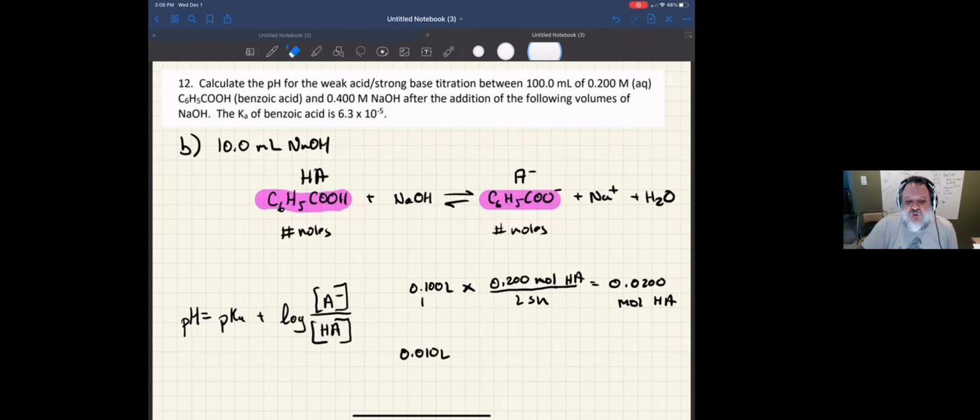And I can do the same thing for how much of the sodium hydroxide I added. I added 10 milliliters of 0.4 molar, so that means I added 0.004 moles of the sodium hydroxide.